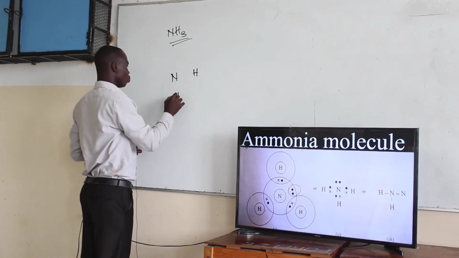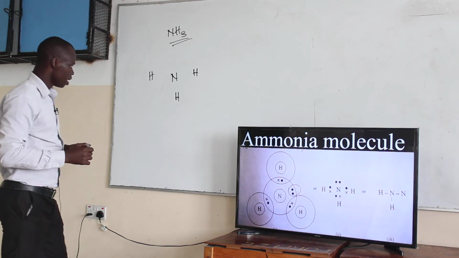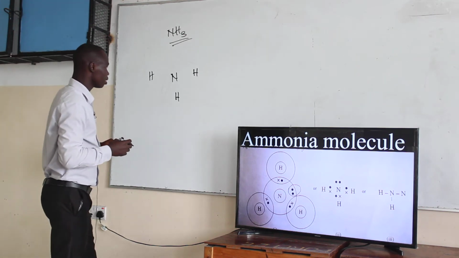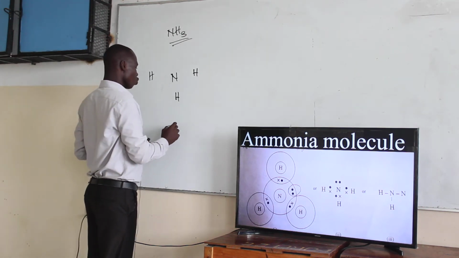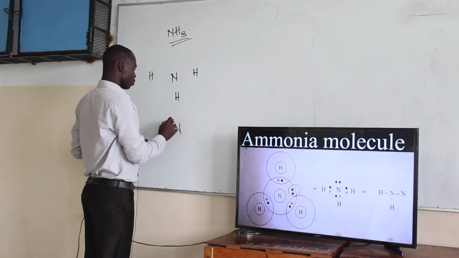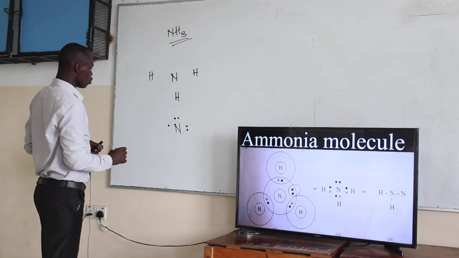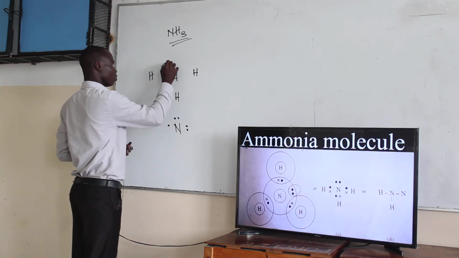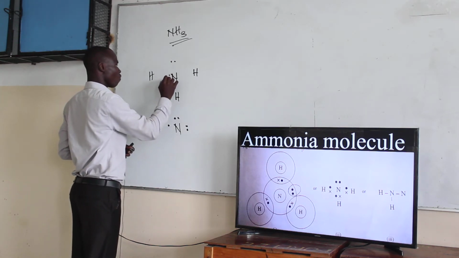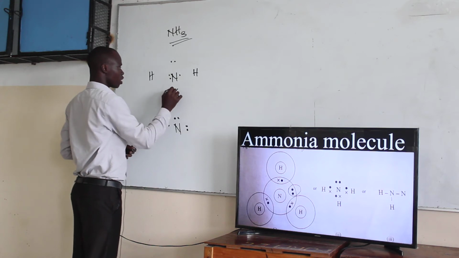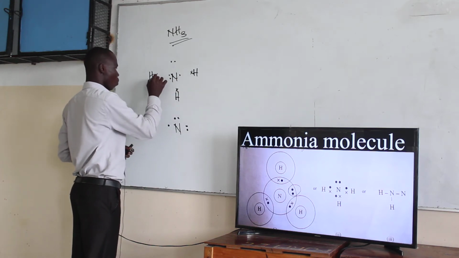Now, remember, nitrogen has got 5 electrons: 1, 2, 3, 4, 5. While hydrogen has got only 1. This one has got 1, 1, 1.